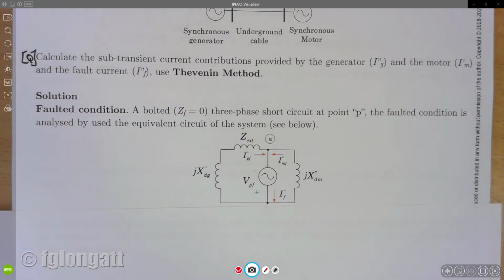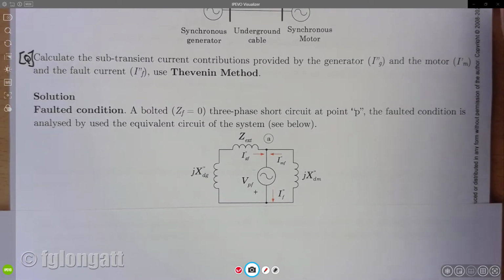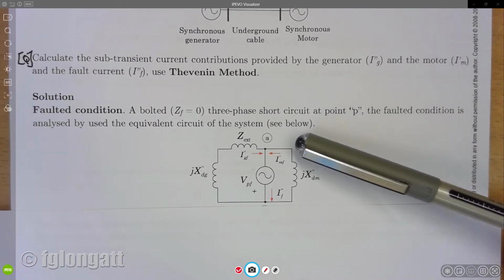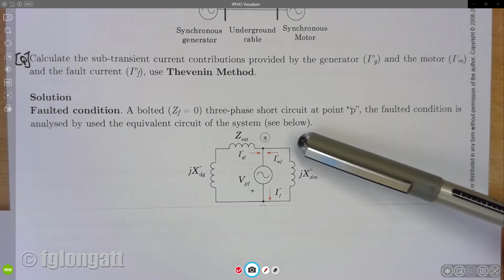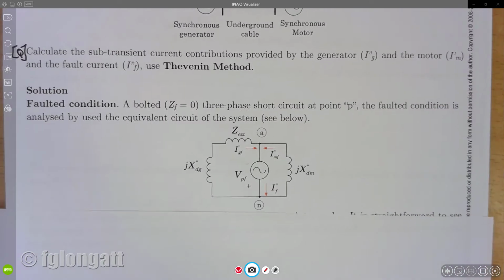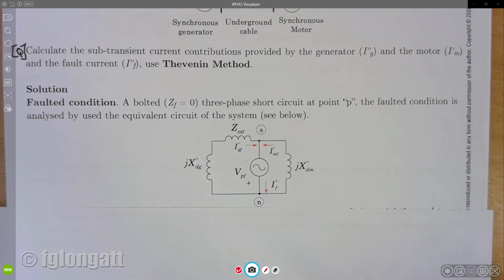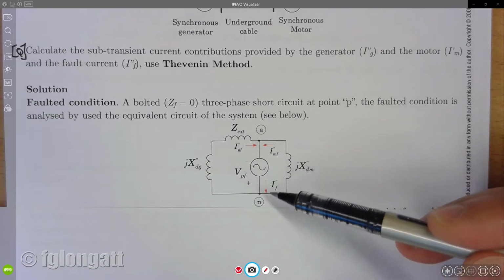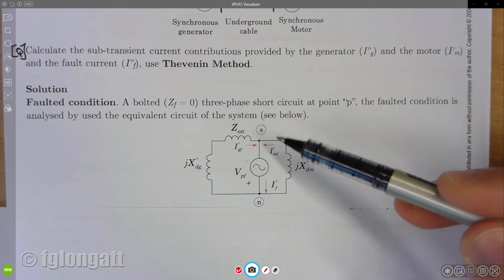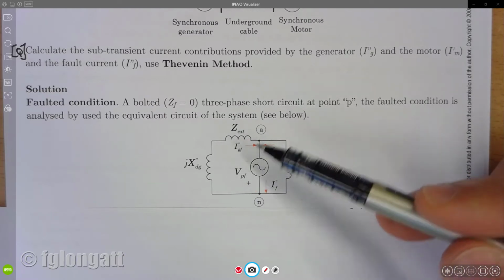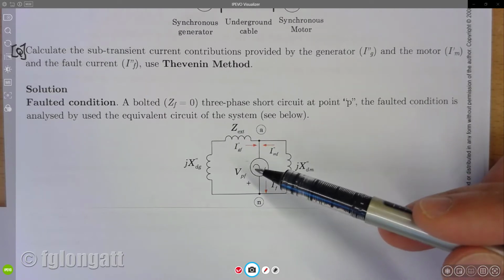All of you can go with me. We are at fault conditions. You can see here the equivalent circuit. In this case, I am using the incremental network already. I mean, in this case, they are not internal voltage sources. And already I install the voltage source with the polarity at the fault point, okay?